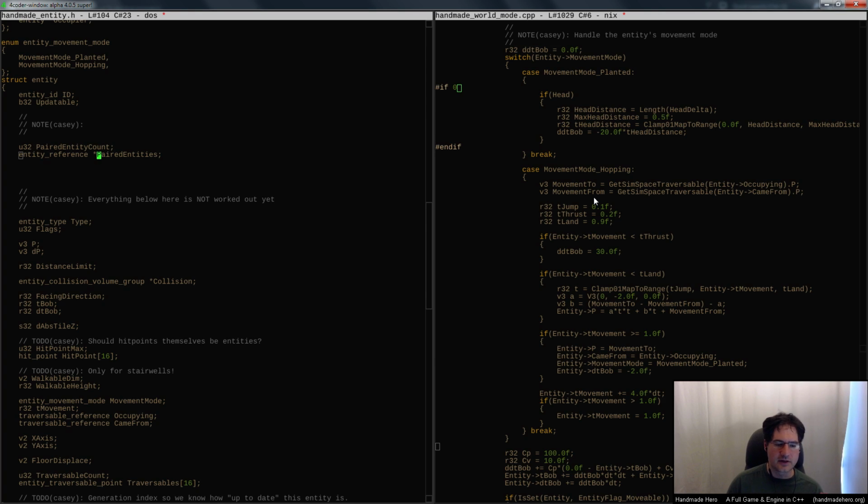Now, the thing that I'm not quite sure about, obviously, is I don't really know whether these paired entities have some kind of a structural thing going on, meaning, when I pair an entity with another entity, is there a meaning to that pairing?